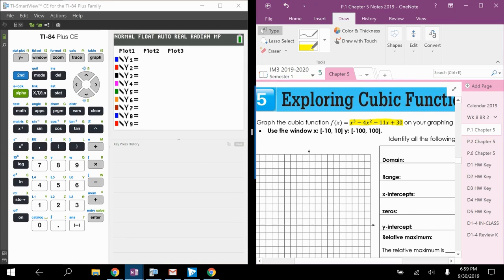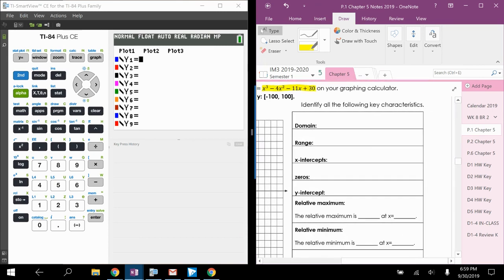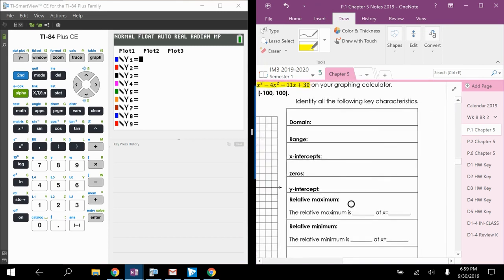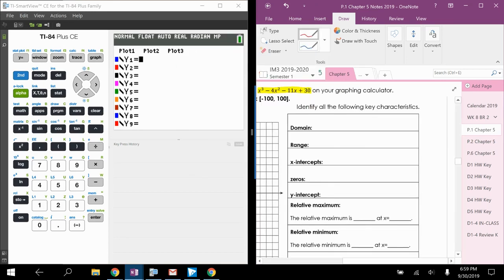Okay, so with that graphing calculator, we want to make sure that we can get a nice, pretty graph on paper. So there are a few things that we have to get in order for you to graph this on paper. So the things that you need are your x-intercepts, your y-intercept, your relative max, and your relative min.